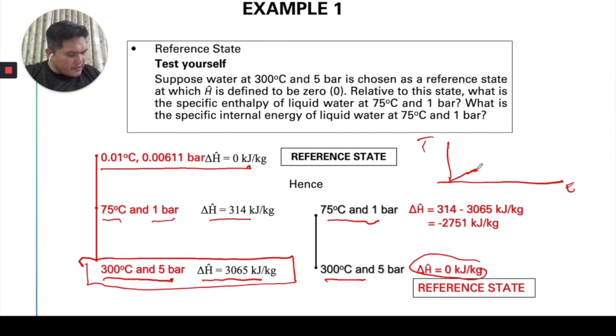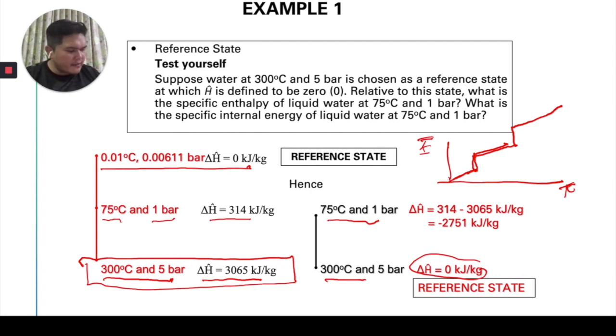At a certain temperature, there is a change of phase, so again it still increases. With increasing temperature there is an increase of enthalpy, and then there is a change of phase, and again there is an increase of enthalpy, and then another change of phase, and furthermore it will increase.